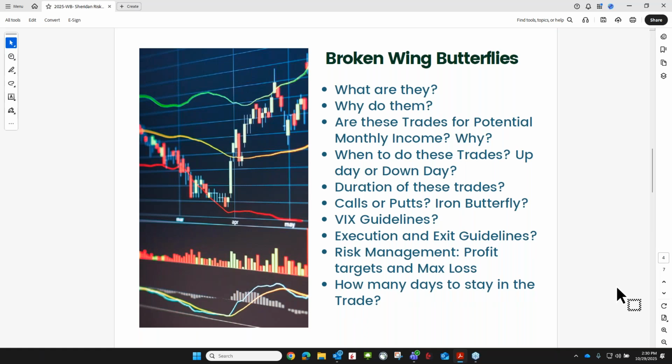No, yeah, so let's look at it. An iron condor is selling an out of the money call and an out of the money put, and then buying your hedge or protection a little further out of the money. So an iron condor would be more of a higher probability trade, but depending on how you set it up, the risk reward generally would be stinky.